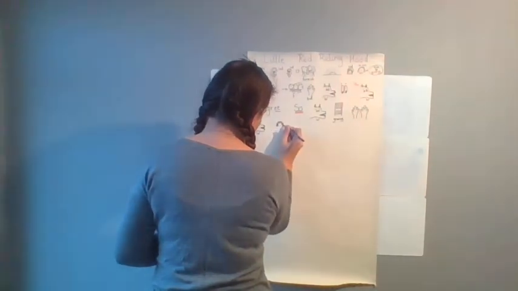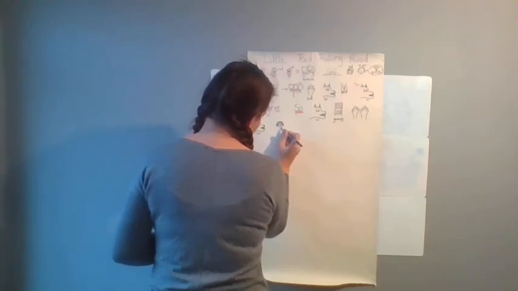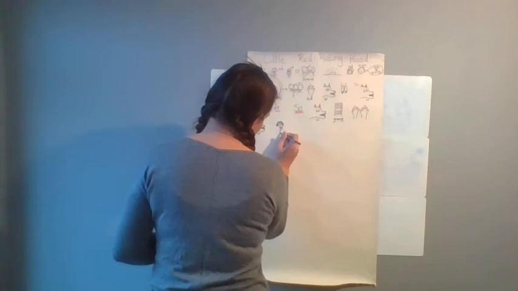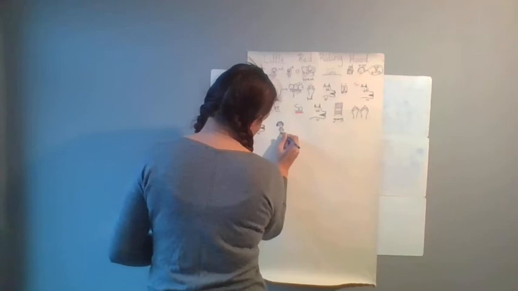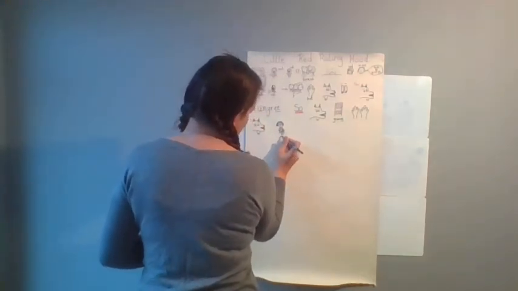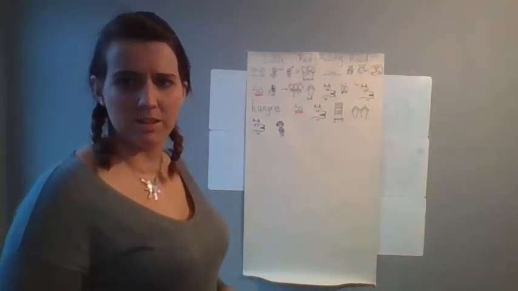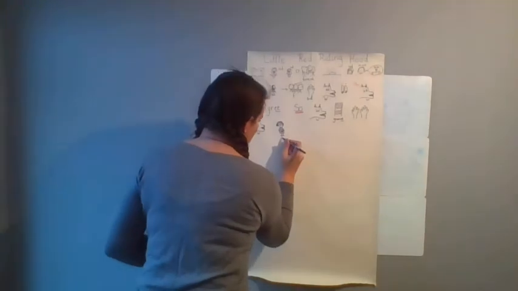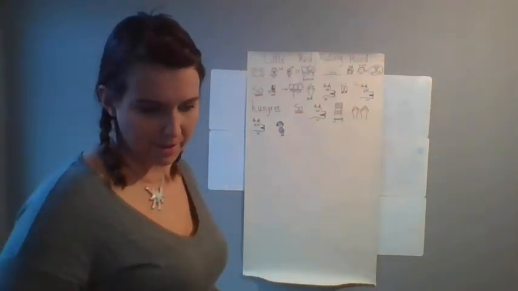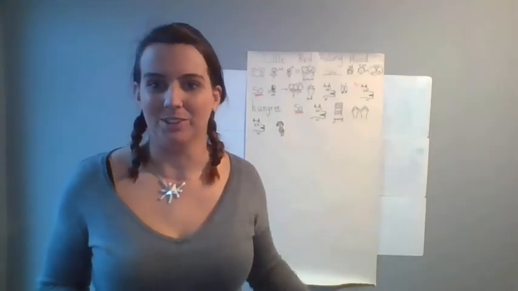So let's draw a picture of Granny. She's got glasses. She's got a curly wig. She's got a nice dress. There we go. There's Granny. Granny. What sound does Granny start with? G. Well done. Well, I tell you what, we won't write Granny's name yet because we're going to have a go at writing that really good word, gobbled.